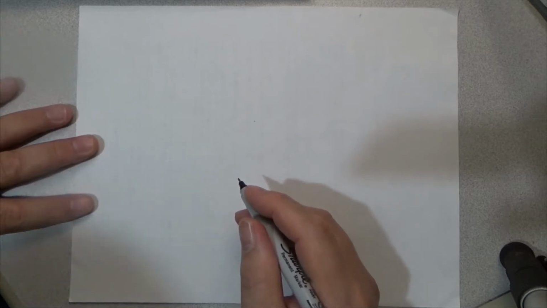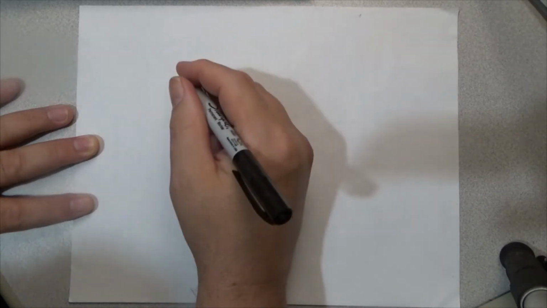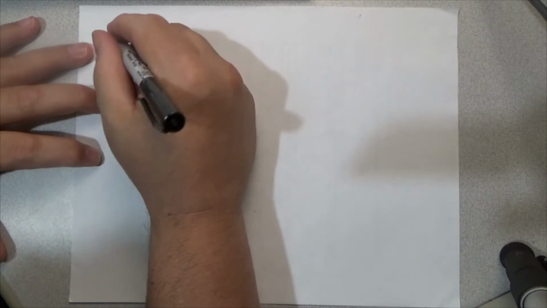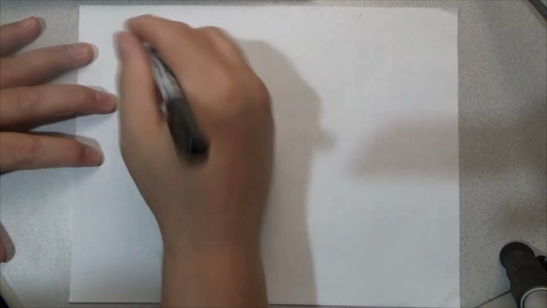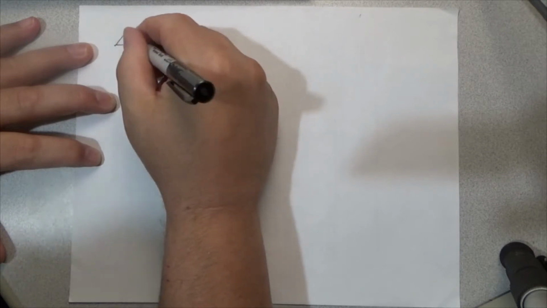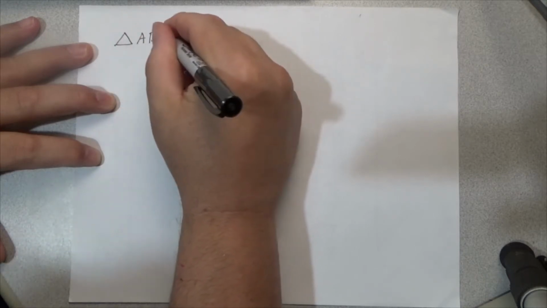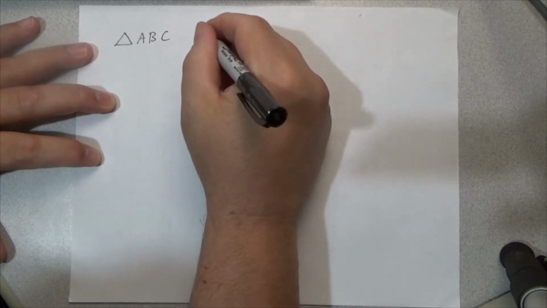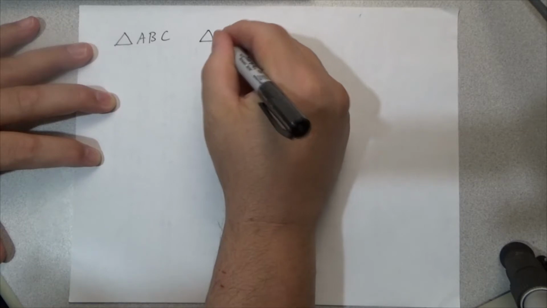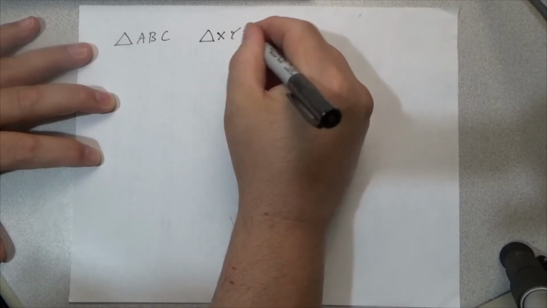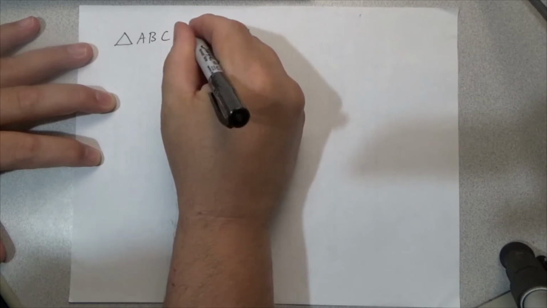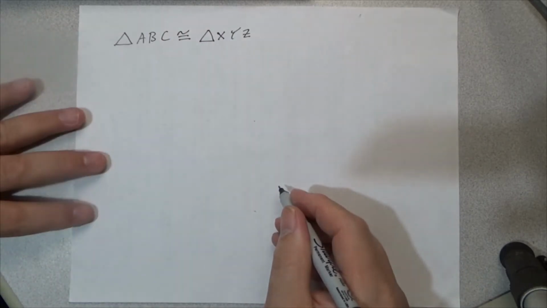All right? So we use a symbol to show that two figures are congruent. For example, let's say that we have two triangles that we know are congruent. So you could say that triangle ABC, when compared to maybe triangle XYZ, if they're congruent, then we put a little symbol like that between them.